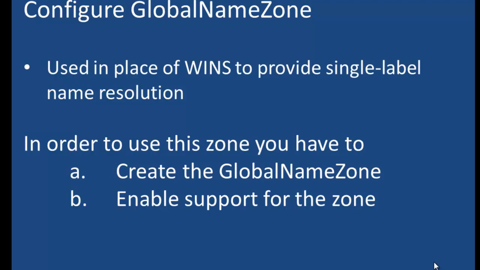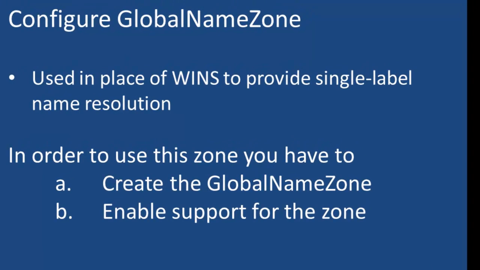Nowadays, we have DNS. DNS is used to resolve host names. Now, we don't need two sets of services, WINS and DNS. And we have now evolved to the use of DNS to resolve names.